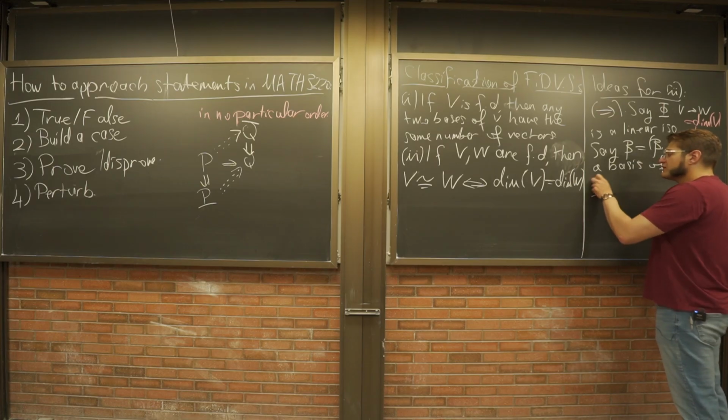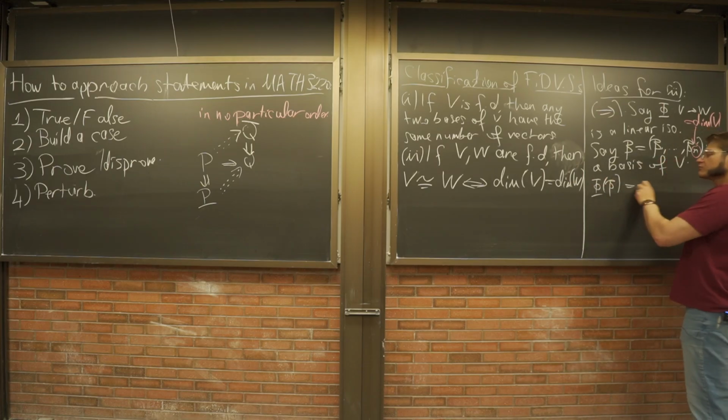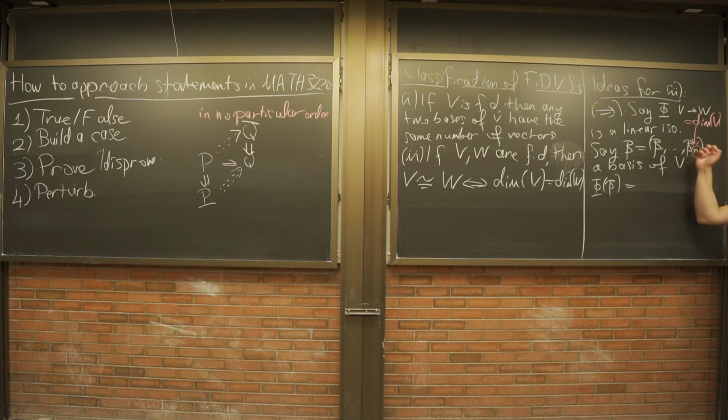Then I might write phi of beta consisting of the tuples of the images of these beta i's. Phi of beta 1, phi of beta n. Each of these is a vector in W. So this is a tuple of vectors in W. The claim is that this is a basis for W.